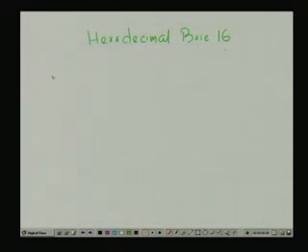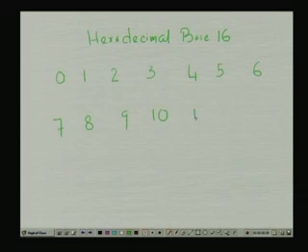So, there should be 16 distinct numbers, say 0, 1, 2, 3, 4, 5, 6, 7, 8, 9, 10, 11, 12, 13, 14 and 15.